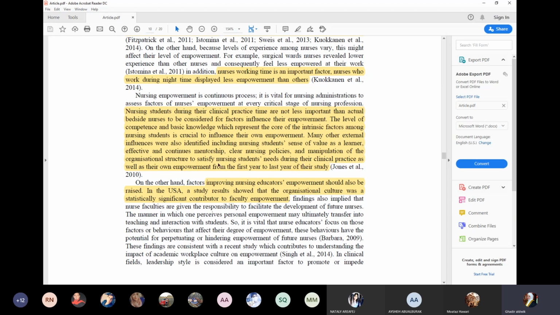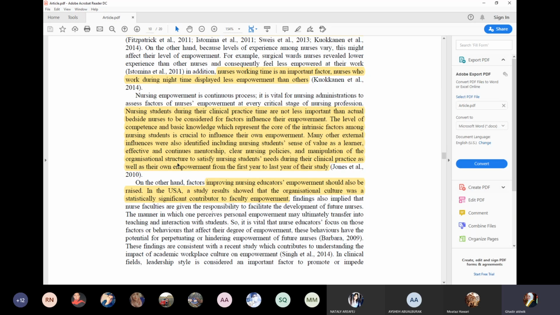I think it is the same factors that empowered you as students in our hospital, which is related to, for example, continuous support, mentorship, clear nursing policies for you, and the support from the organizational structure or clinical settings that you are training on.